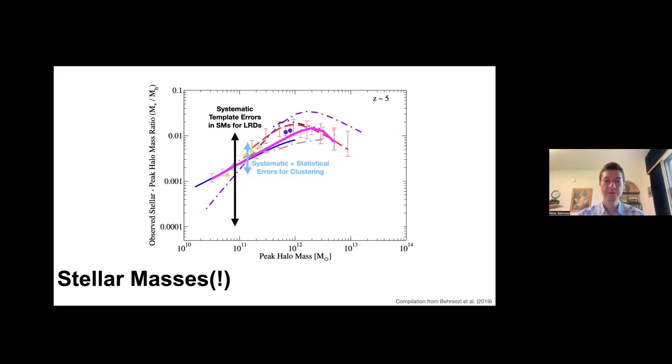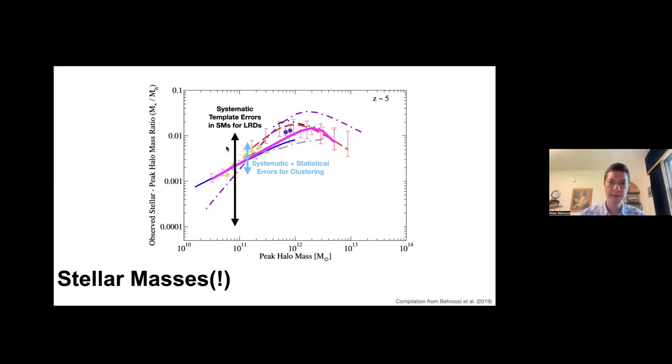We've heard from some speakers earlier this week and early in the program too that, depending on which templates you use, which AGN templates, which stellar fitting templates, because the SEDs of little red dots are so weird, you can get plus or minus a dex of uncertainty either way in the stellar masses. And if you care about the implications for little red dots in terms of the black hole mass bulge mass or black hole mass stellar mass relationships, that's a huge uncertainty that you'd want to reduce.